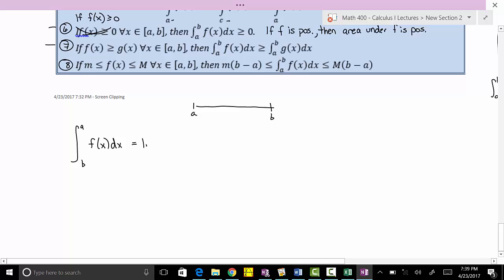Remember, that's the limit as n goes to infinity of the summation i equals 1 to n of f of x sub i delta x. Well, here's the deal. Your delta x's here are going like this. They're going the wrong direction, because you're going from B to A.